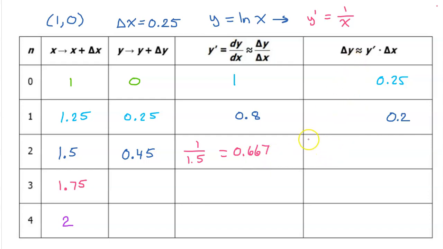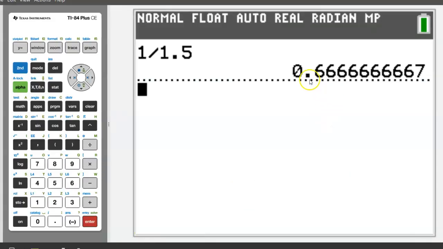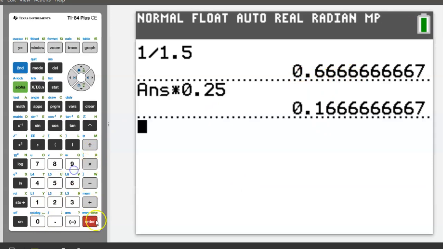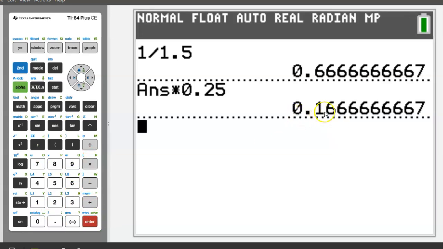So for delta y, we need to take our y prime, our 0.66 repeating, and multiply it by the delta x of 0.25. So remember, we already have the y prime in the calculator. So we just need to multiply by 0.25. So that's 0.167 about.